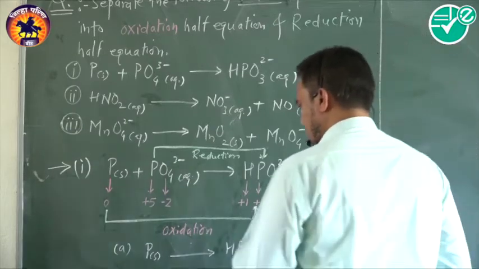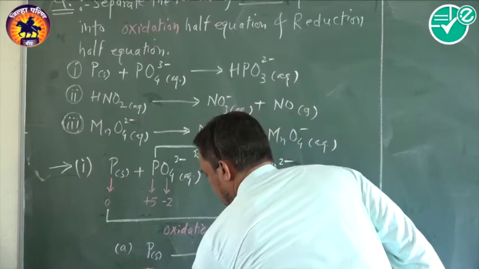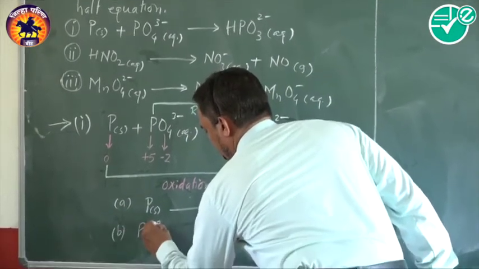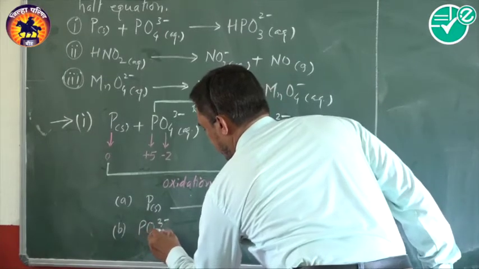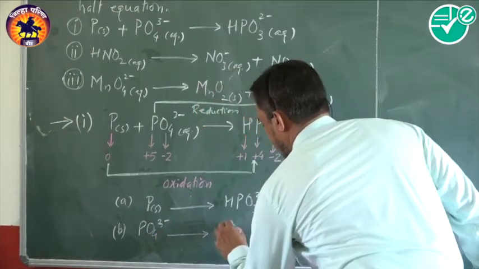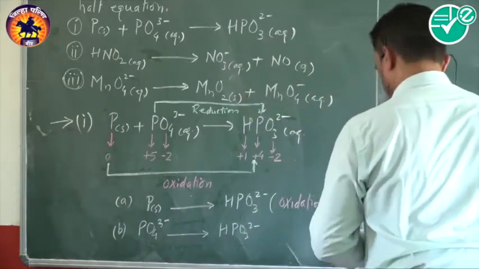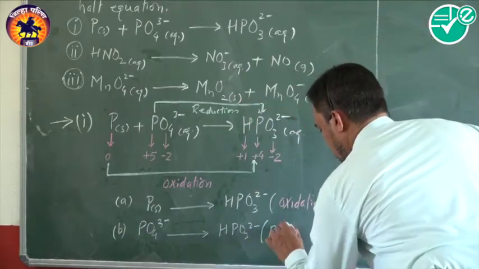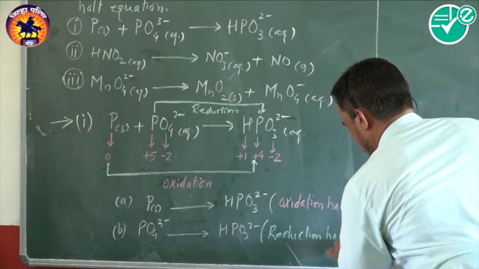You have to write the reduction half reaction: PO4 3- changes to HPO3 2-. This reaction is the reduction half reaction.